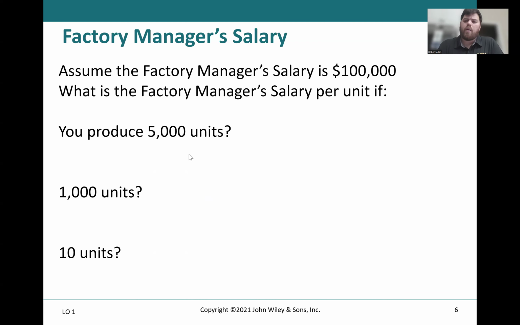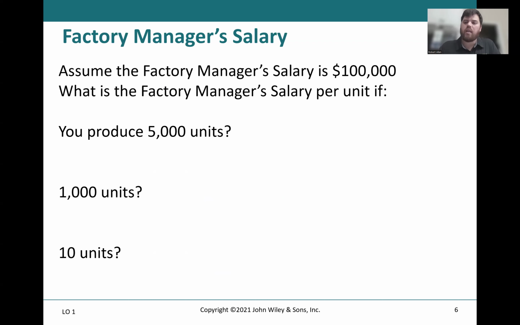All right. Now, the two that we looked at just a minute ago, direct materials and direct labor, both vary in direct proportion to the amount of production we need, which means as I produce more units or fewer units, my total cost will change. However, in this case, we're looking at a manager's salary.